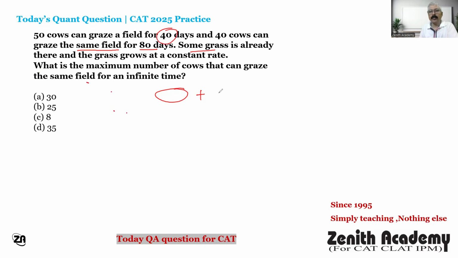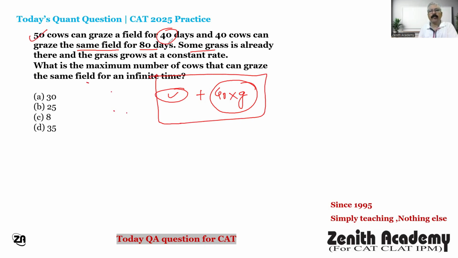Then in 40 days, 40 G units of grass will grow. So this fixed amount plus this 40 G units of grass is the total requirement of these 50 cows in 40 days. Question is clear?